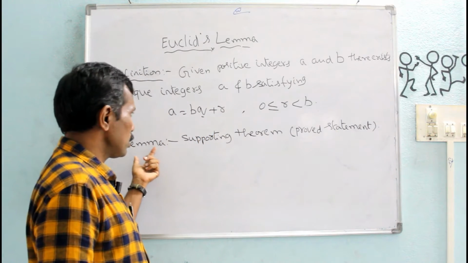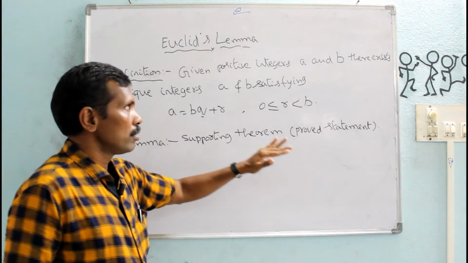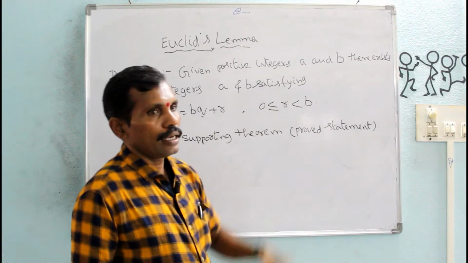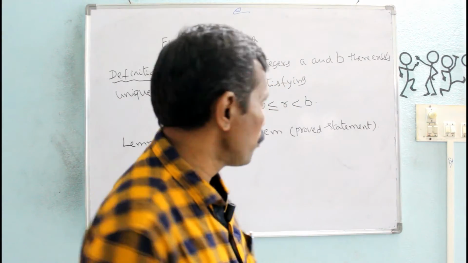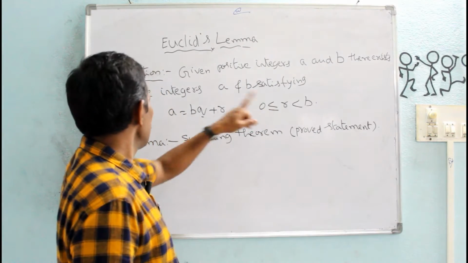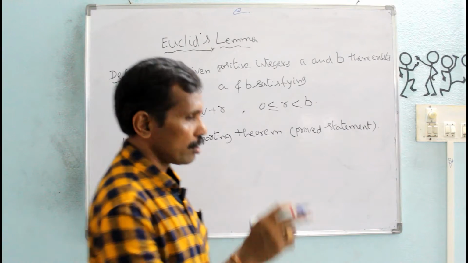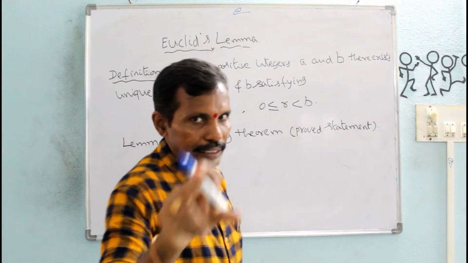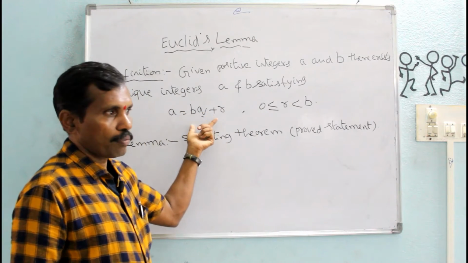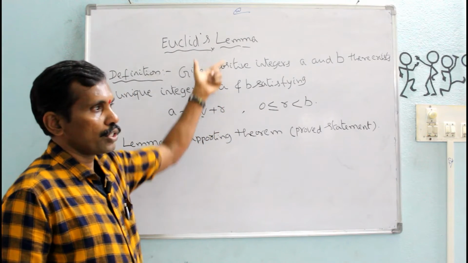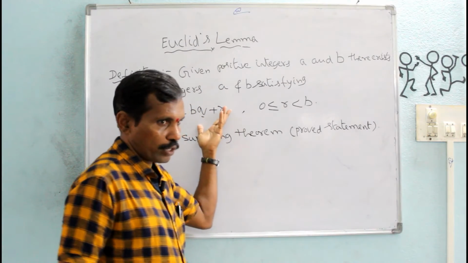A and b are positive integers. Unique means single integers. So satisfying a equals bq plus r, this is called Euclid's lemma. A lemma is nothing but a proved statement.